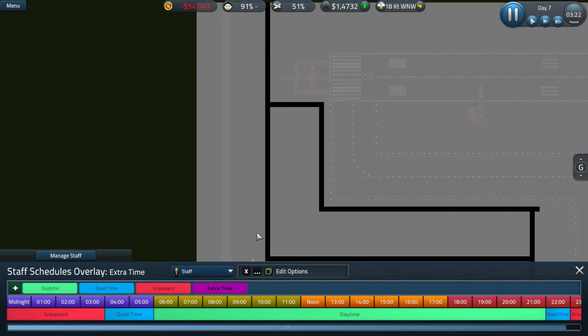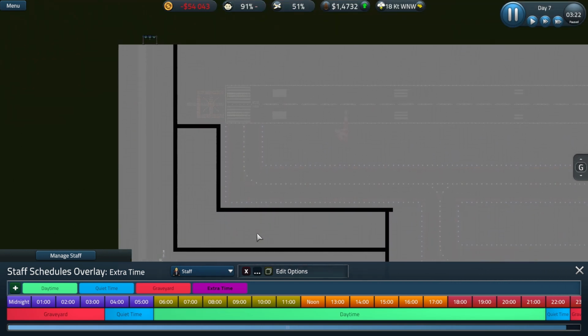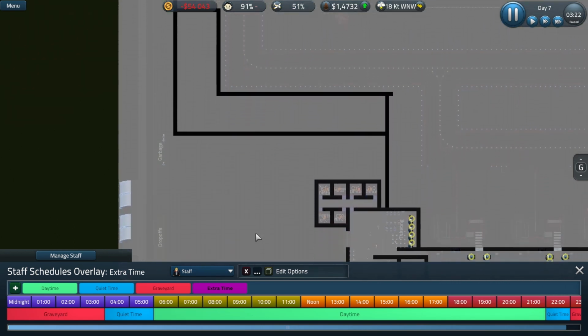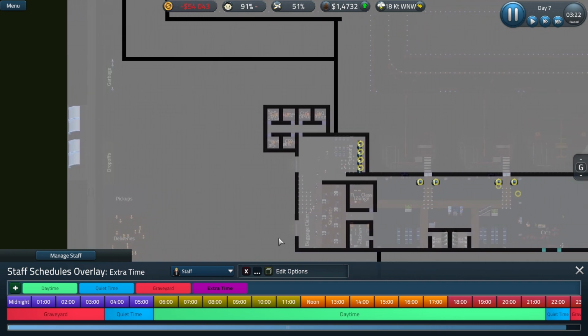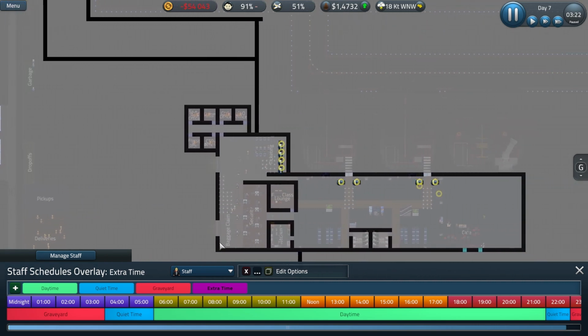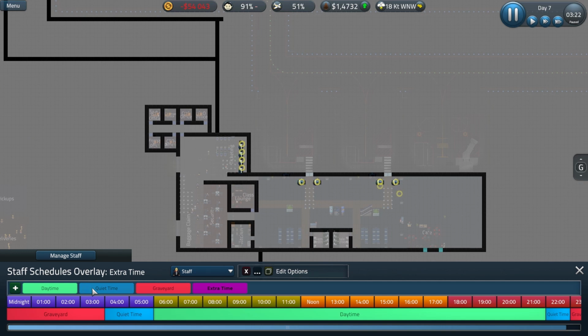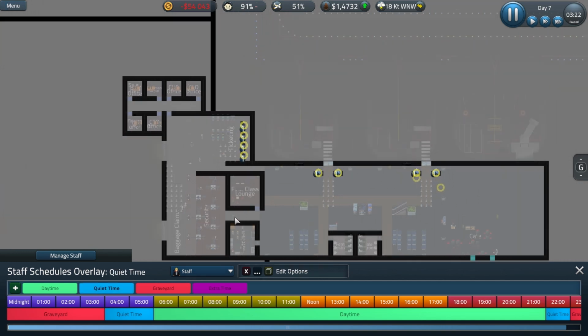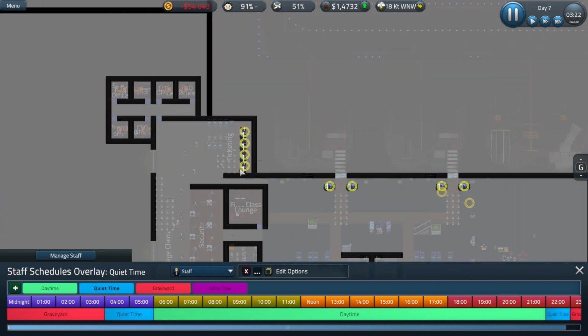Right, so we've created the schedules, we've allocated those time slots, and now let's allocate the number of people that we want and in what positions we want them, depending on those time slots. So we've selected the quiet time, looking at our staff, and I only want 2 of our ticketing kiosks and maybe only 1 of each of the gate attendants on shift.